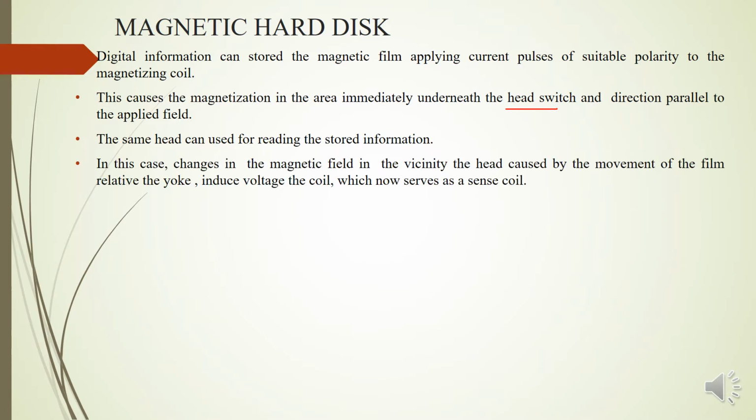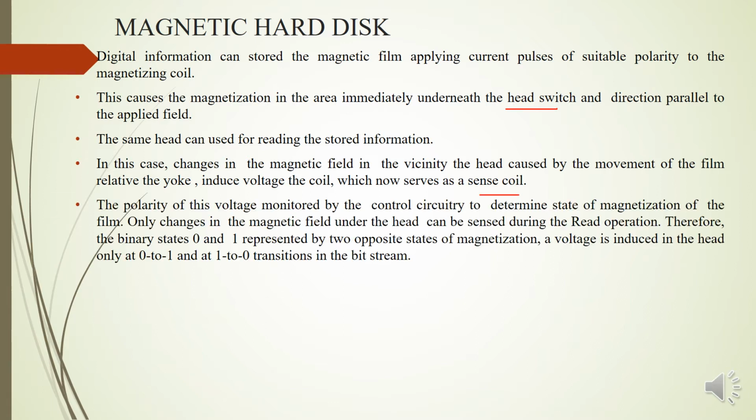In this case, changes in the magnetic field in the vicinity of the head, caused by the movement of the film relative to the yoke, induce a voltage in the coil, and the coil serves as a sense coil. The polarity of this voltage is monitored by the control circuitry to determine the state of magnetization of the film.